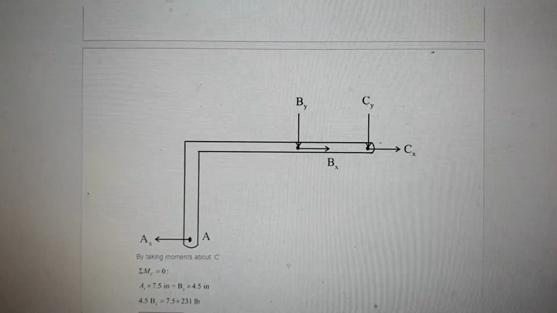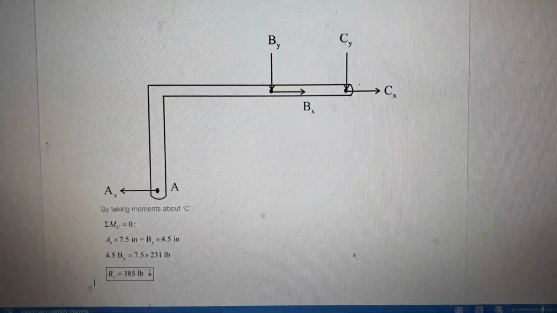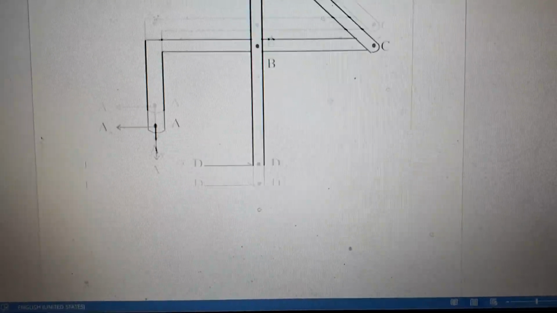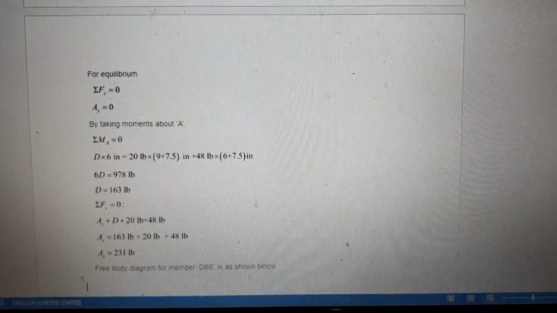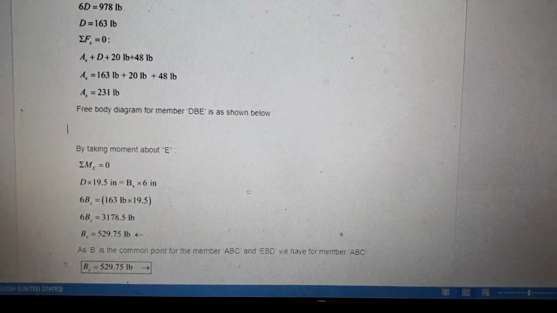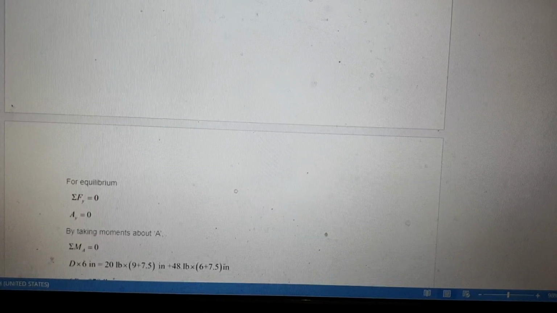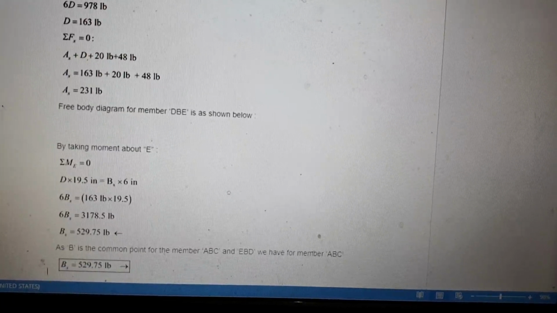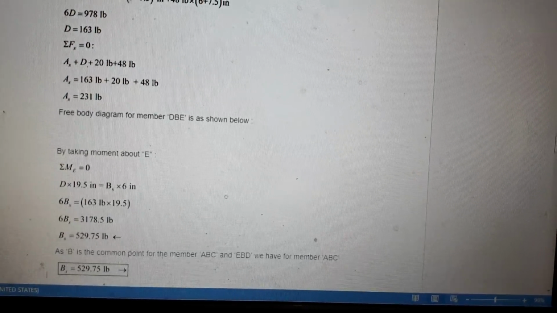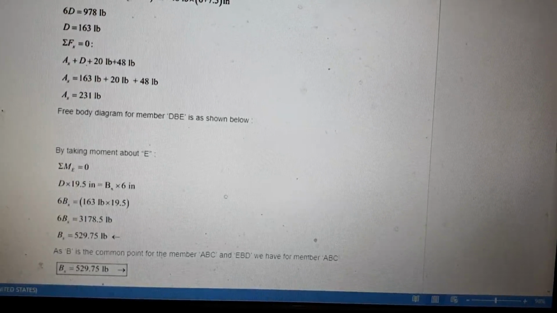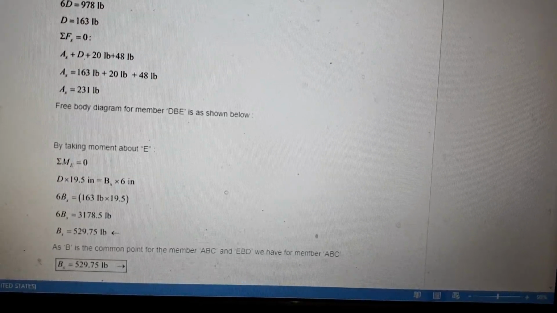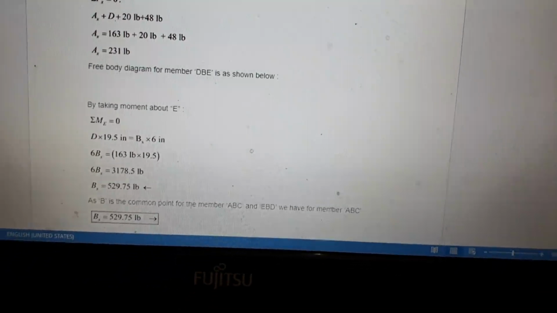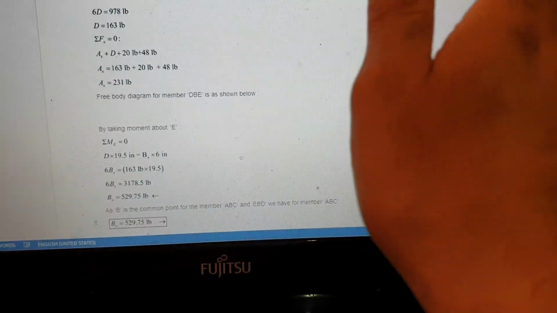So let's take the member. Well, if you want to take DBE, you should do it like that.